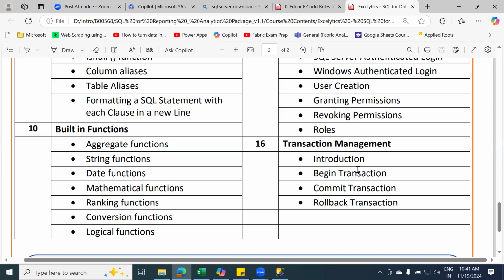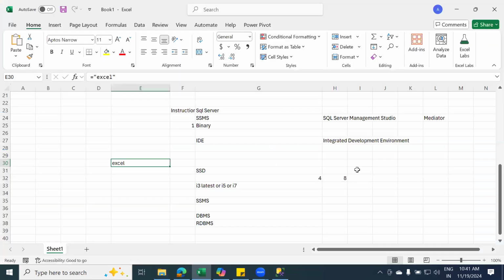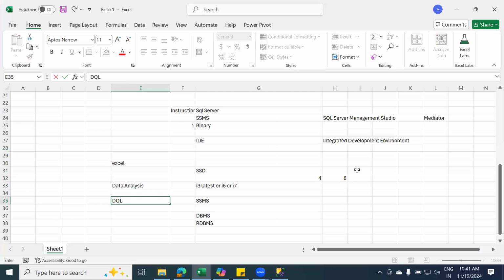I'll make it very clear that we are going to discuss the topics related to data analysis. As a data analyst, we'll be concentrating more on DQL, data query language. We will not concentrate on DDL or DML or, for that matter, DCL.